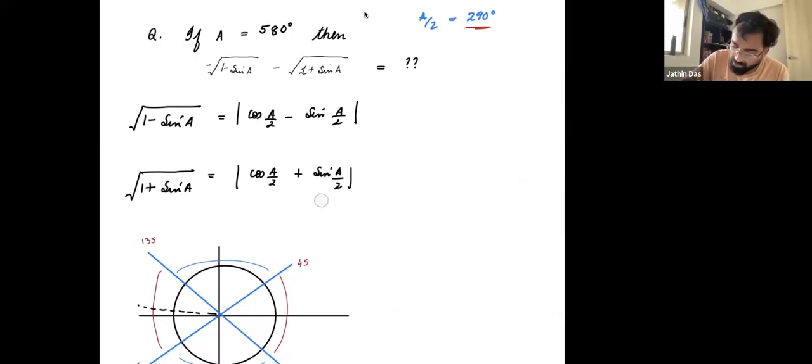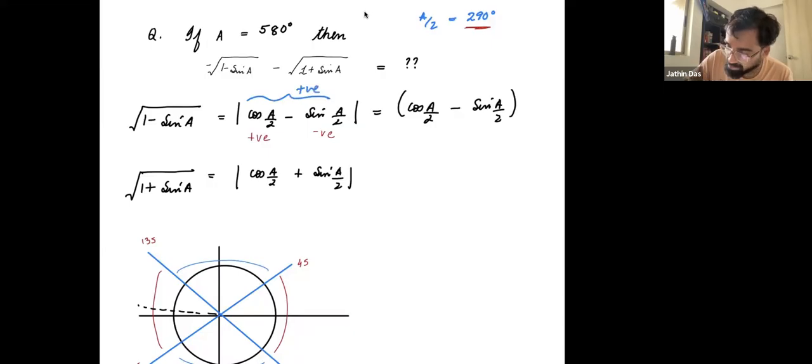So in the 4th quadrant, this is positive, this is negative. So the whole term is positive, right? Because negative of negative will become positive. So whatever term is inside, that is completely positive. Okay. This is right.